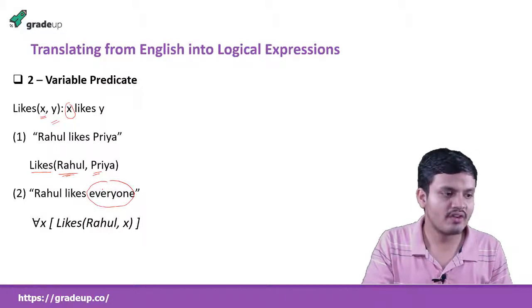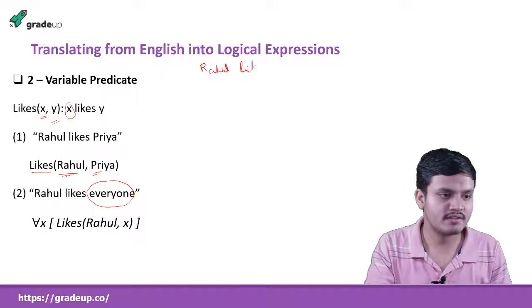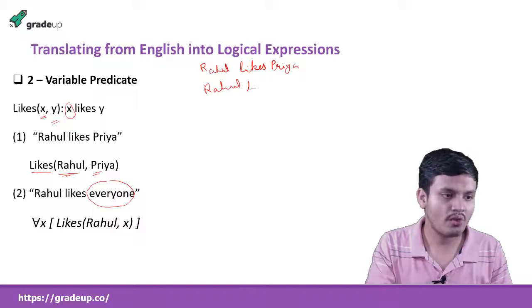So how to convert that? First we have Rahul. Rahul likes Priya. Rahul likes, else you can say Sita or Ram and many others.